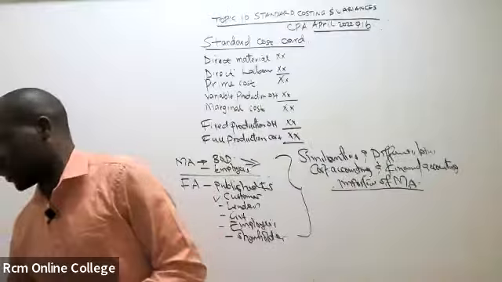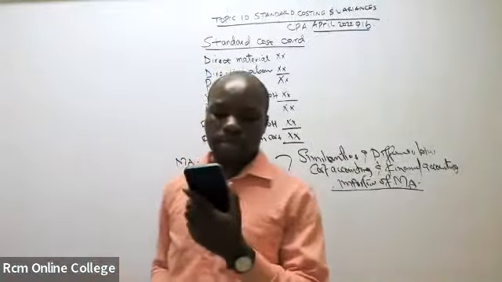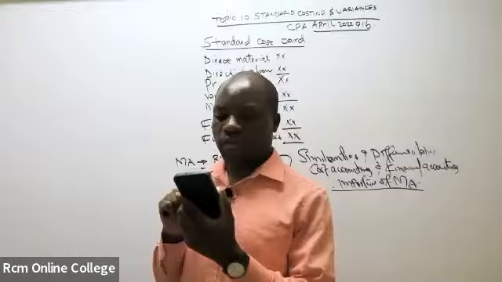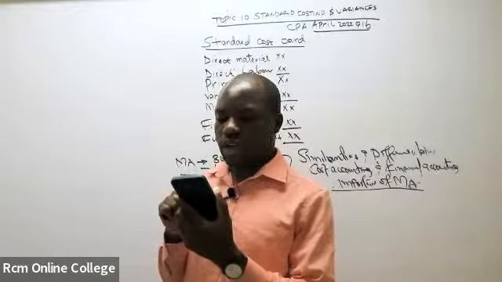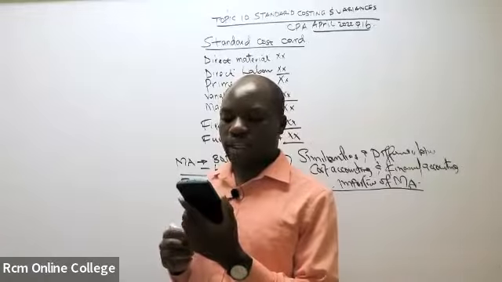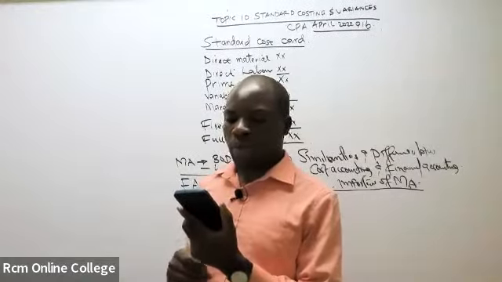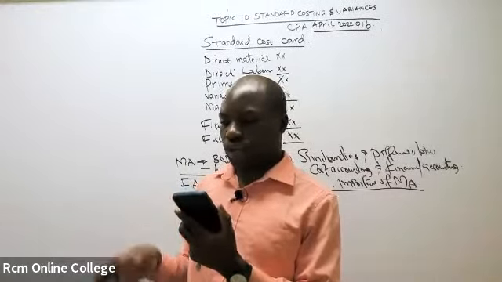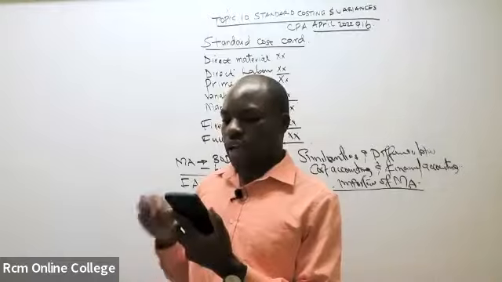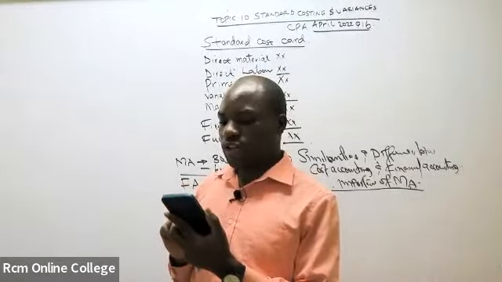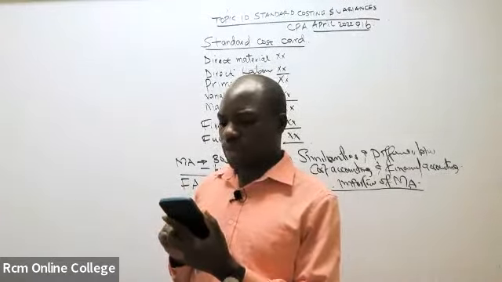Back to question number 1B. Rengo Limited has provided the following data for the financial year 2022. We have budgeted output for the year, and standard details for 1 unit. Direct material requires 40 square meters at 530 per square meter.